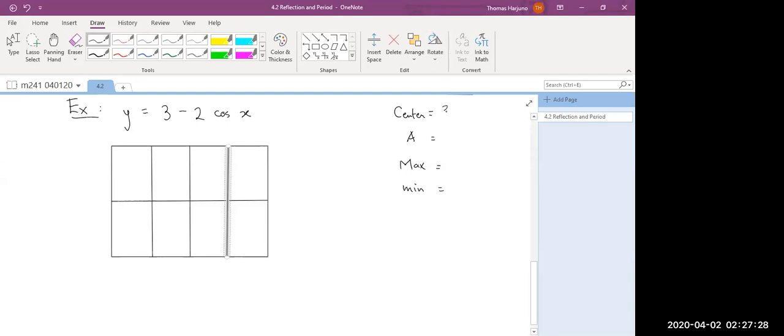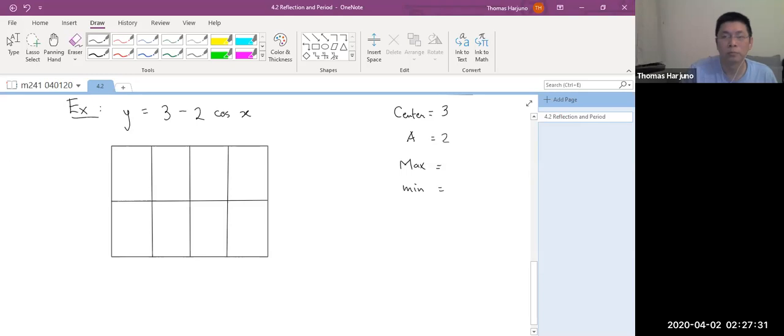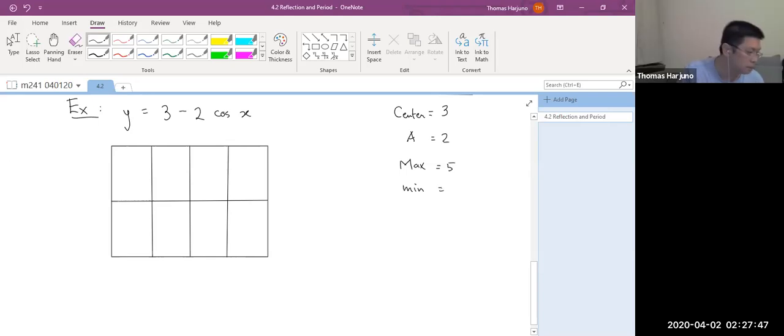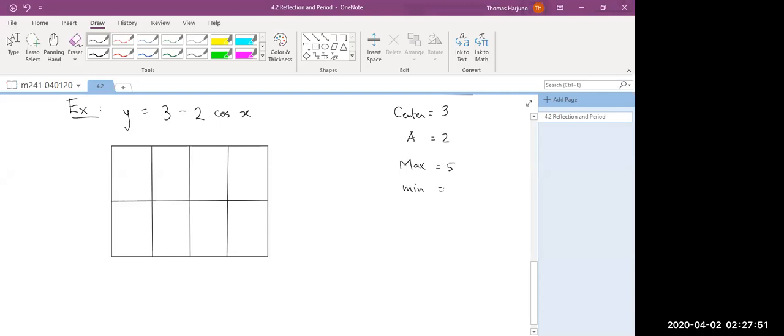So what's the maximum? Five. Maximum is 5. The minimum is 1.